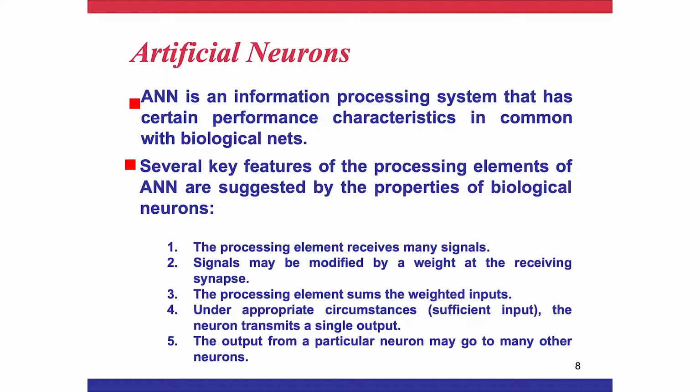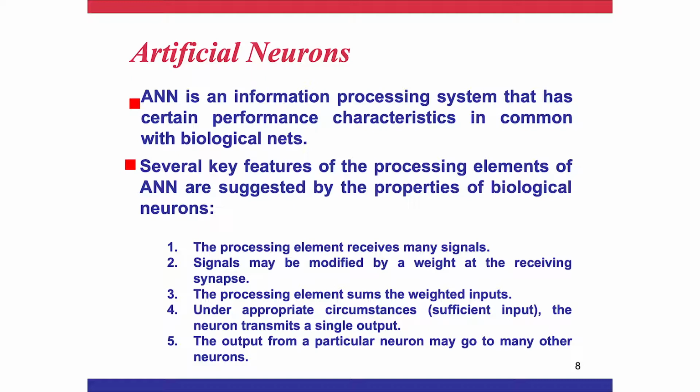So as we have understood the biological network, which is the neural network, we adapt the same methodology in our artificial neurons or artificial neural network, which is also nothing but an information processing system adapted from the biological network, and it also receives signals as we see in biological networks.